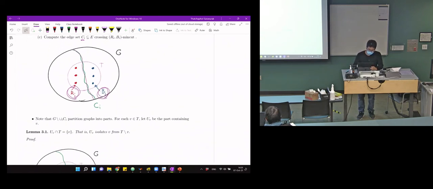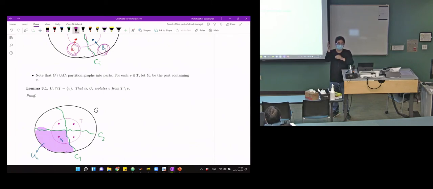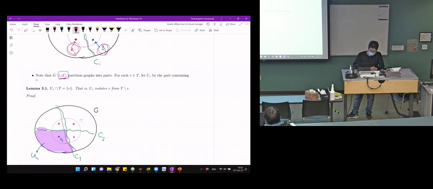Now if you do this for every bit, log T many bits, then you get Ci for every i. And if you delete these cut edges, like if there are four terminals, then there will be 2 cuts, it will partition the graph into parts.